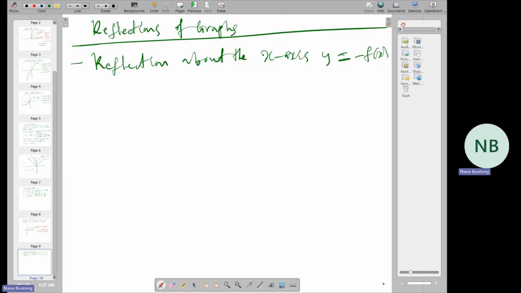So y is equal to minus f of x is the graph of y is equal to f of x reflected about the x-axis.